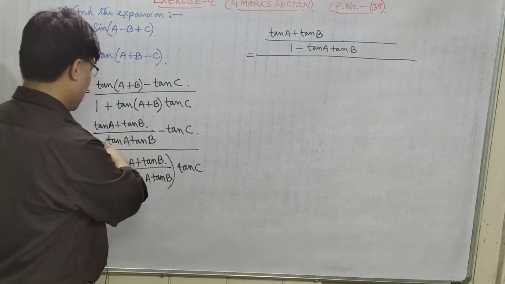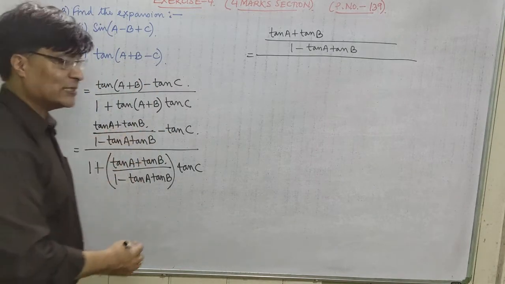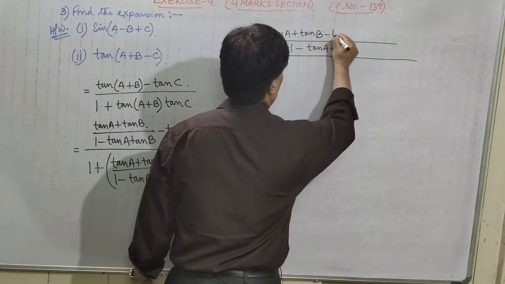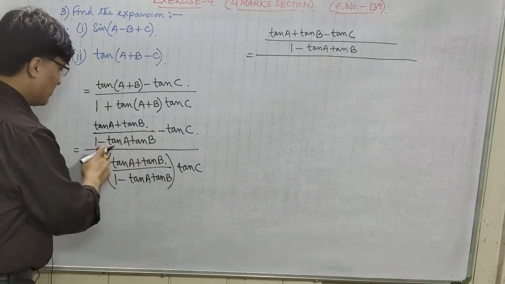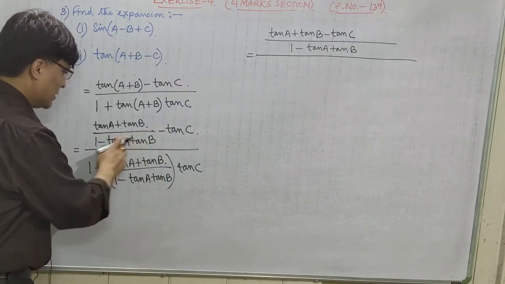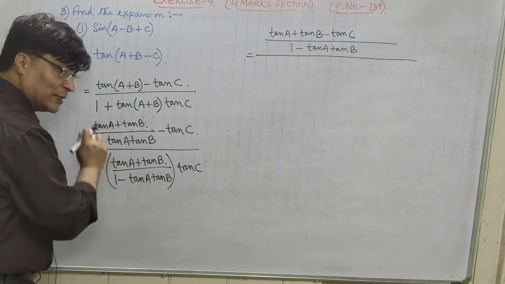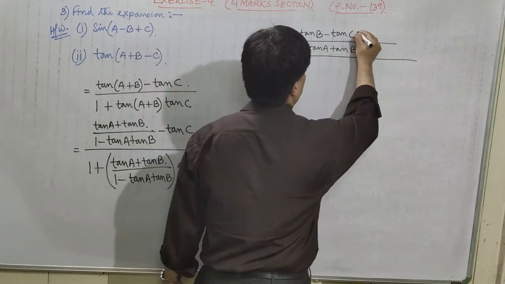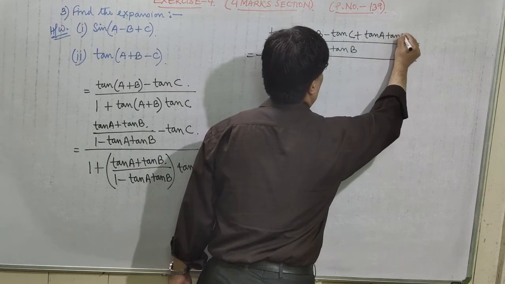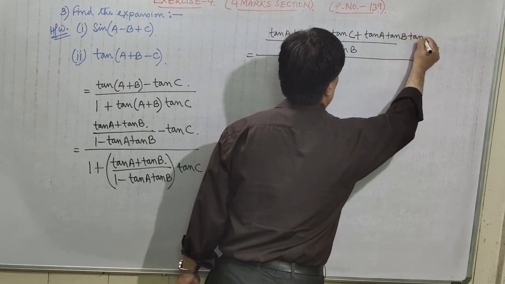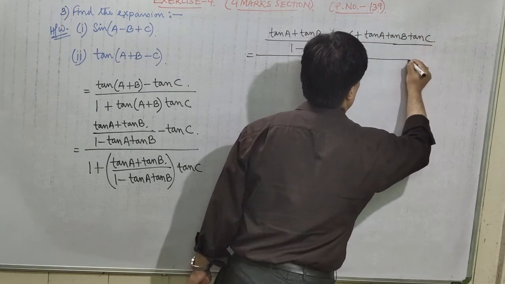So what is it? 1 into minus tan c, then next minus tan c is multiplied by minus tan a tan b. So minus into minus is plus tan a tan b tan c.